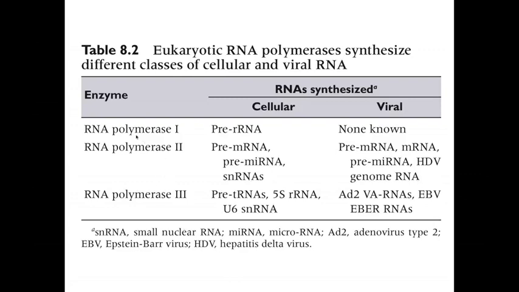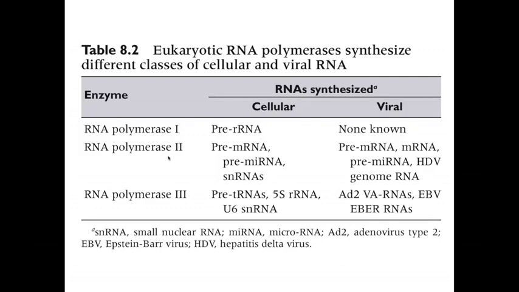As you can see in this table, RNA polymerase 1 in the cell makes pre-ribosomal RNAs. They're called pre because they're subsequently processed, and those, of course, are the RNAs that go into building a ribosome. And as far as we know, there are no viral RNAs produced by RNA polymerase 1.